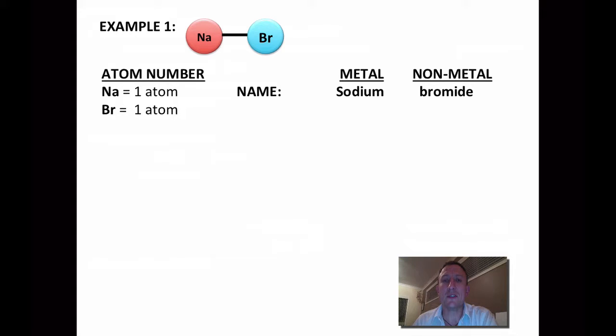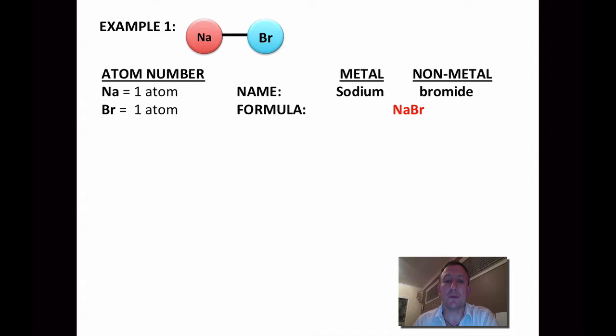All we need to do to finish off the formula is to put as a subscript next to the symbol the number of atoms of each type. In this case, it's 1 sodium with 1 bromine. So the formula for sodium bromide is NaBr. In this case, we never write the 1 at the bottom. I hope you understood that.